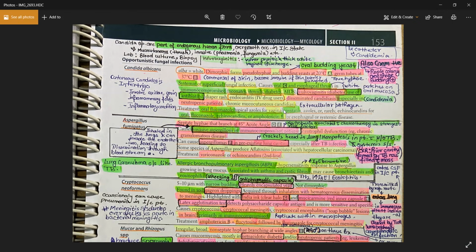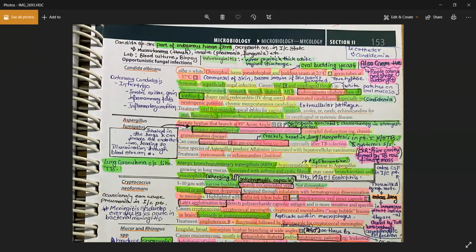If they ask you what is the oral treatment of vulvovaginitis, you will always answer the azoles. If they ask you what is the topical treatment for vulvovaginitis, you will answer either nystatin or topical azoles.